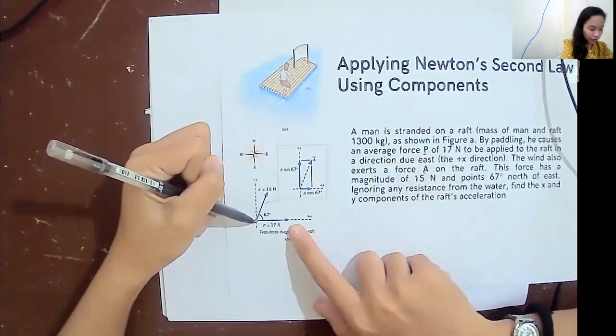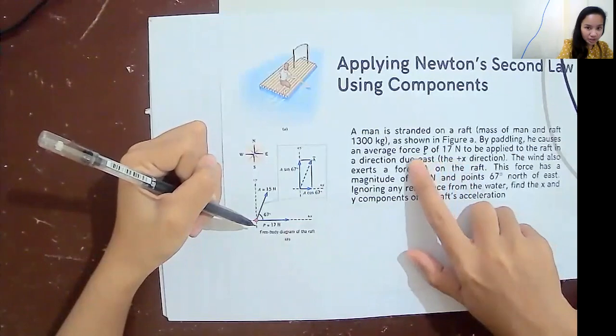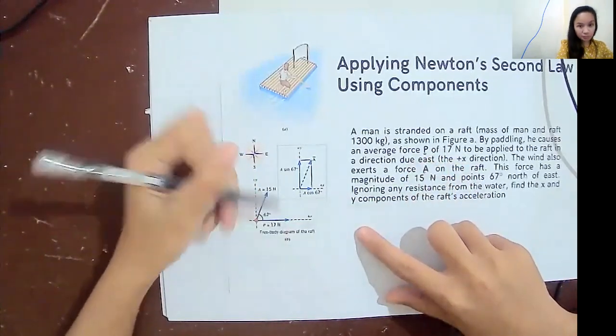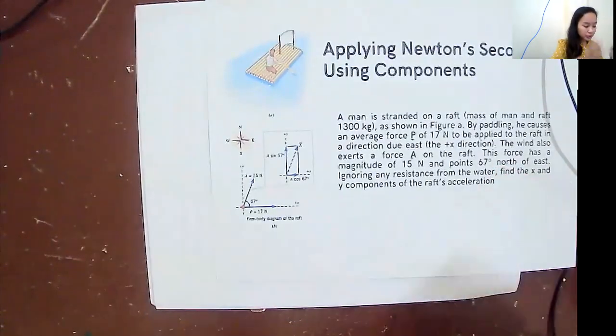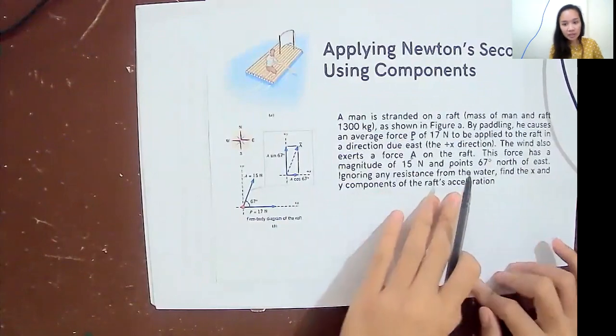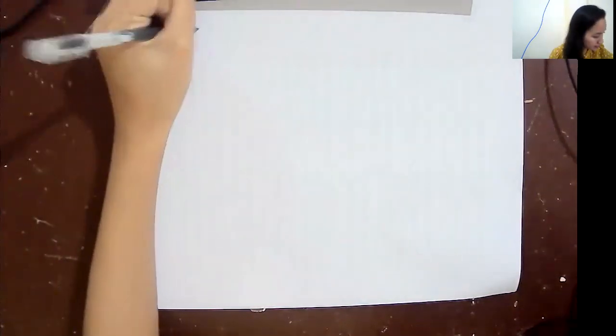This is the direction for your average force, the positive x direction. Okay, because it is due east, so this is our average force, which is 17 newtons. So what we are going to look for in this problem is the x and y components of our raft's acceleration. So the first step, you have to write your given.